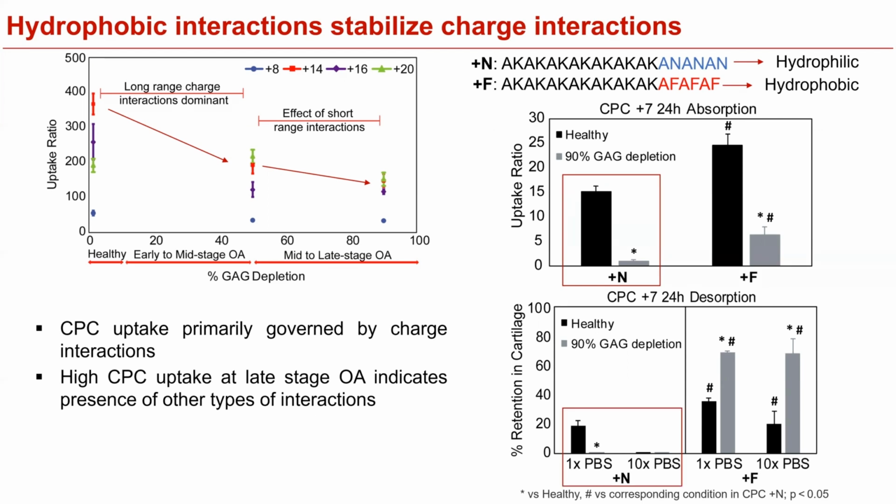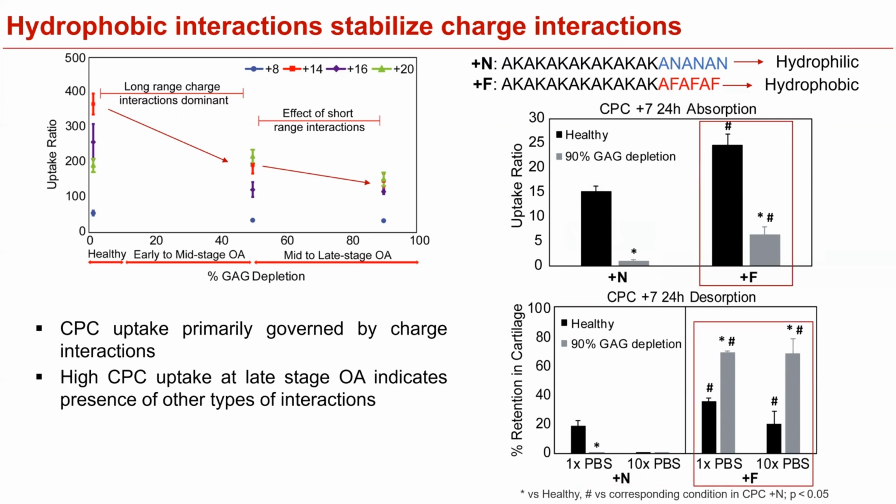Additionally, CPC +N completely dissolved out of cartilage under high salt concentration treatment, together confirming the dominant role of charge interactions. However, incorporation of the hydrophobic group in CPC +F significantly enhanced cartilage uptake and retention in both healthy and arthritic cartilage. These results suggest that charge interactions can be stabilized by hydrophobic interactions.